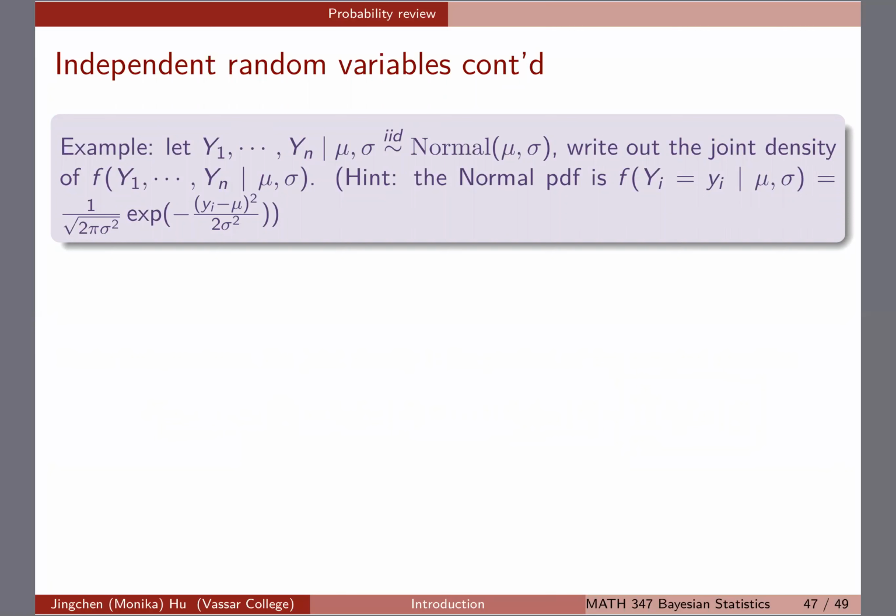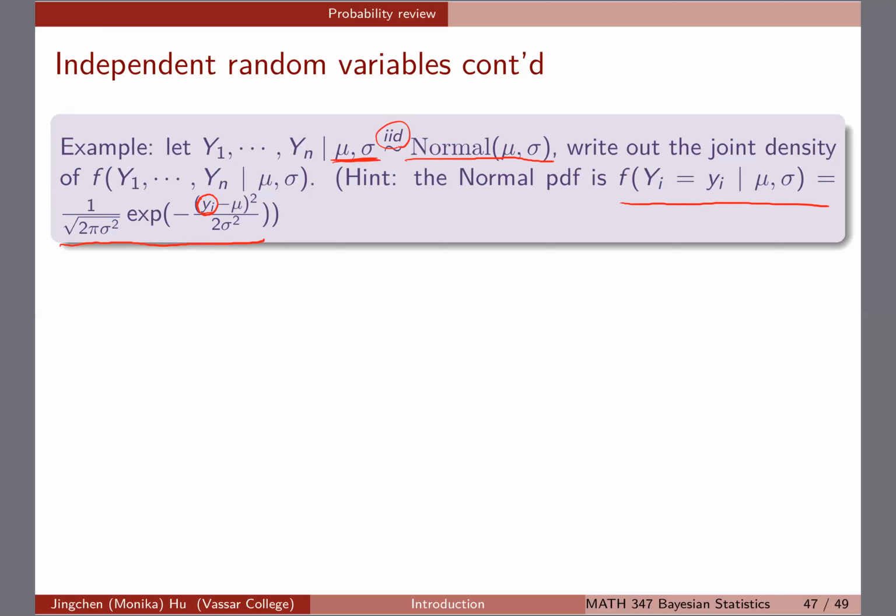So we're going to replace theta with mu and sigma here. In particular, they're IID normal with mean mu and standard deviation sigma. The exercise asks you to write out the joint density of all of the y's. I'm giving you a hint of the marginal density for any yi here.